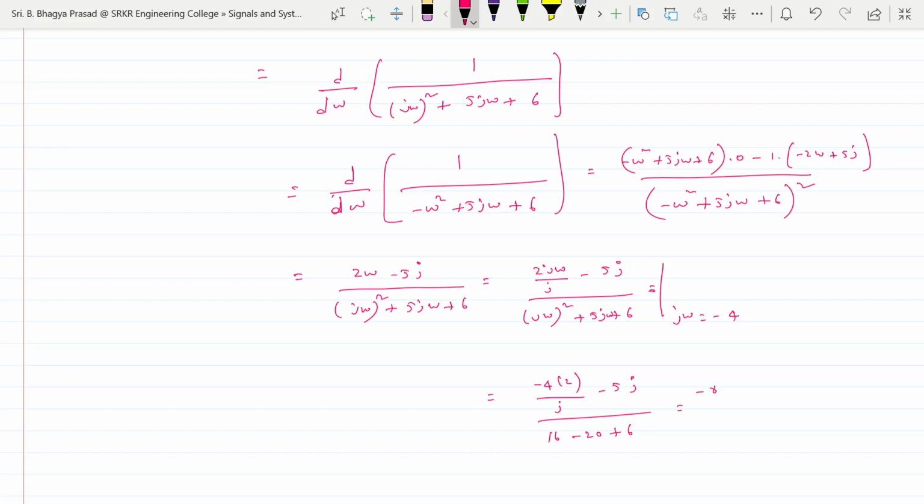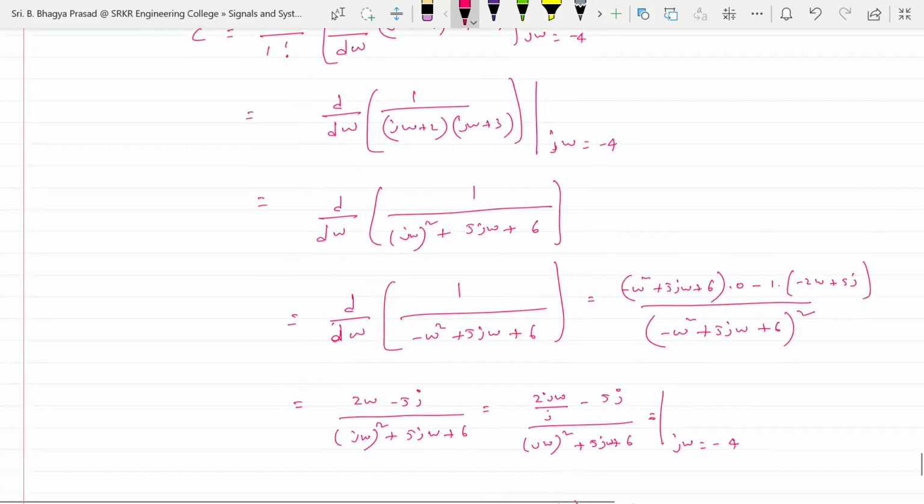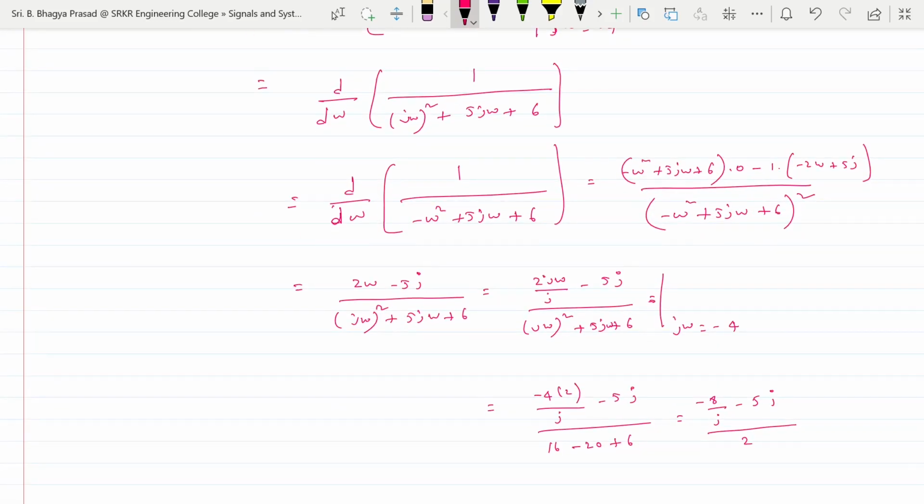This will be minus 8 by j minus 5j divided by 6 minus 4, 6 minus 4, 2. So you will get the constant c as like this.